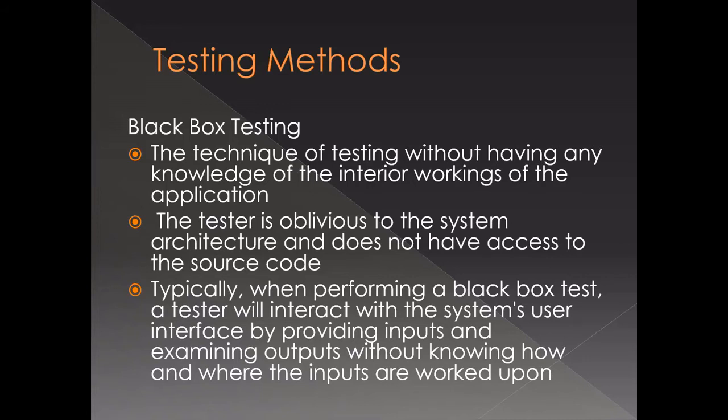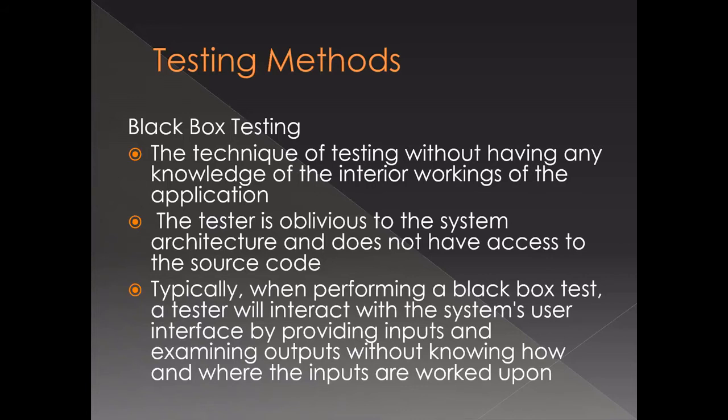The tester does not know. The tester doesn't look at the code. He only looks at what the input is and what the output is. So what happens in between the input and output is not known to the tester. That is why this testing method is called black box testing.